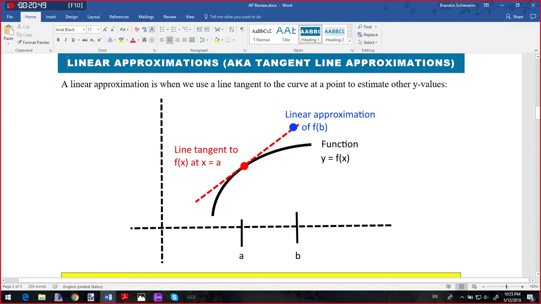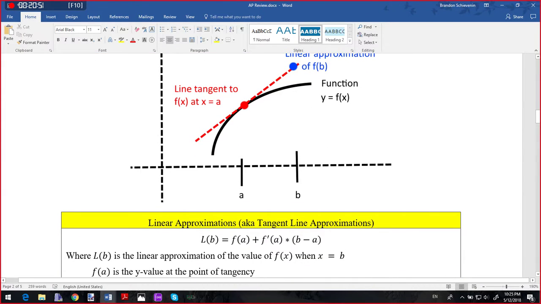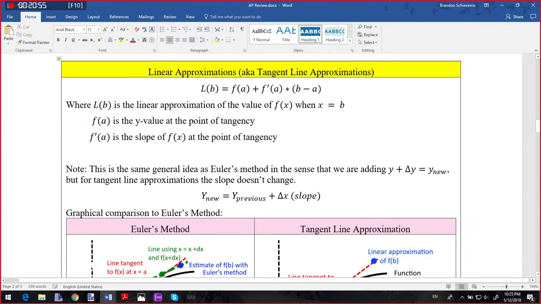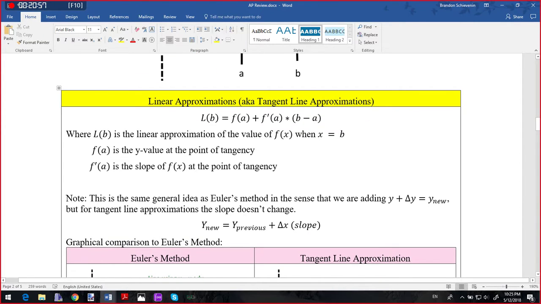Okay, so here's what it looks like. Normally my formula for a tangent line, I need a point and a slope. So it would be y minus y equals m times x minus x, which is really what we have here, just in function notation. So this is the y value at the tangent line at b.